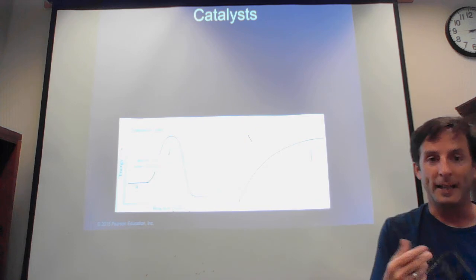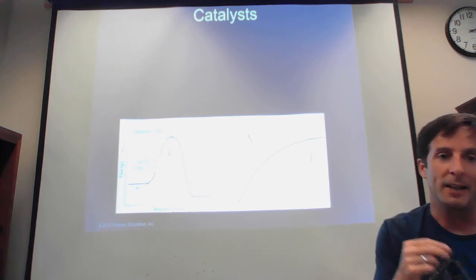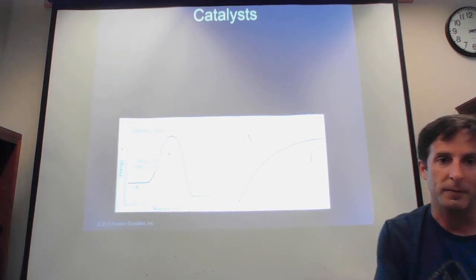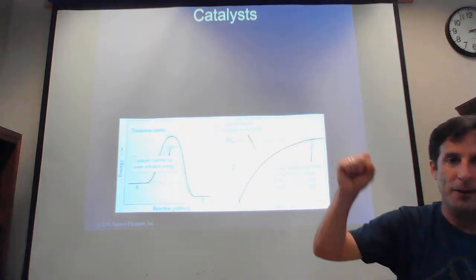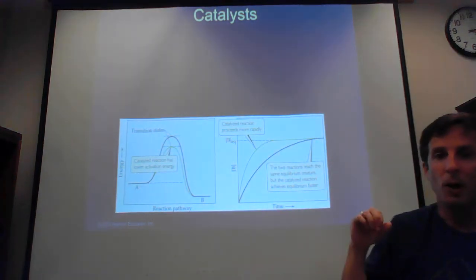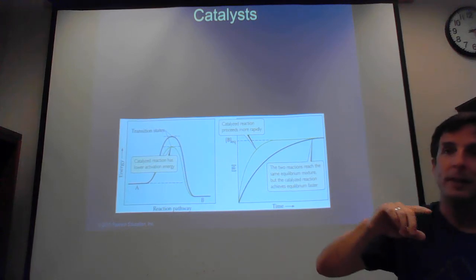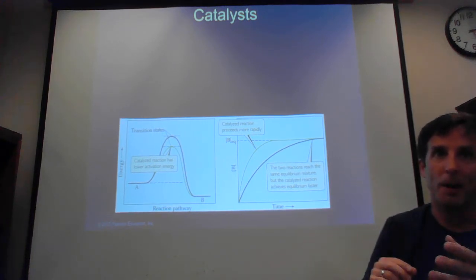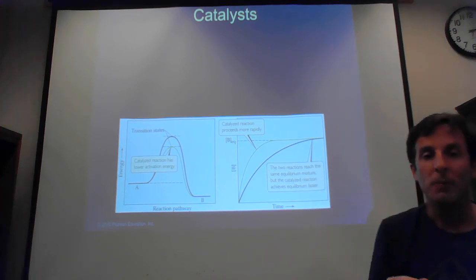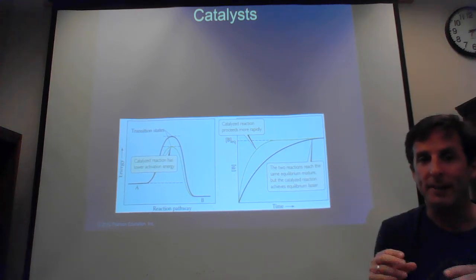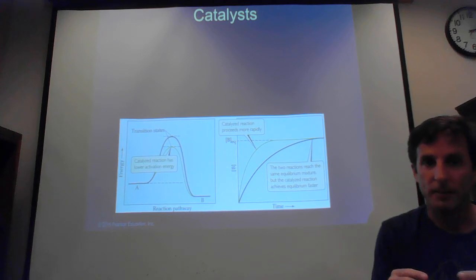All right, now a key there. The catalyst is not going to change the equilibrium constant. Even when all the other things that we've been talking about, if I add a reactant, add a product, increase the pressure or shrink the volume, none of those things are going to change the equilibrium constant. Okay?